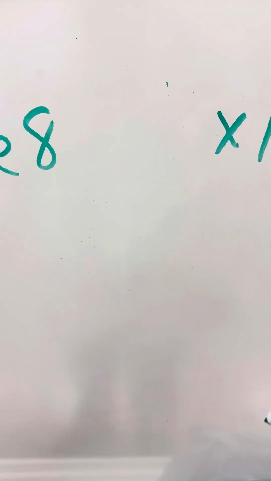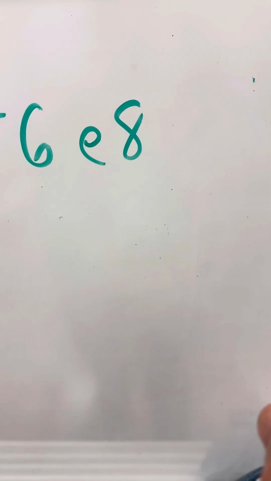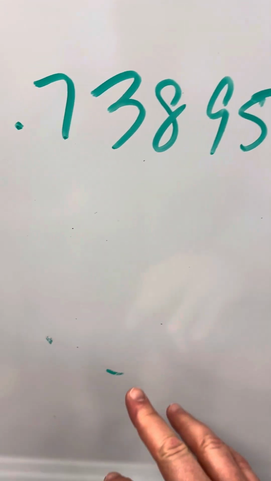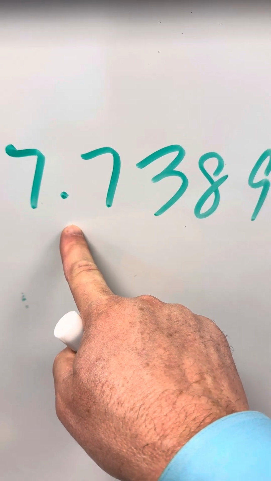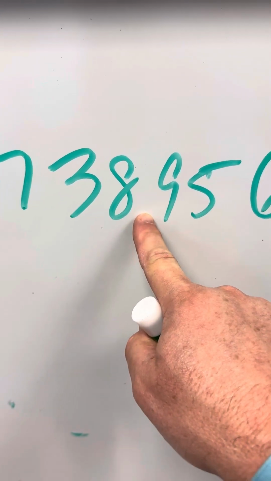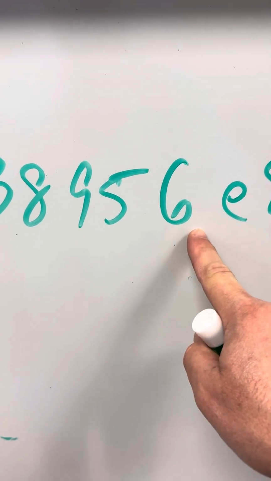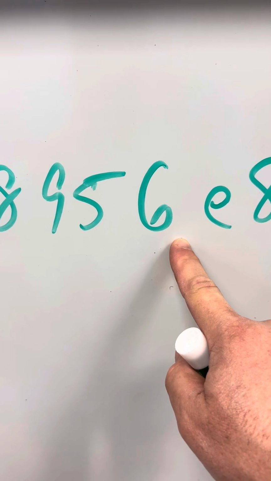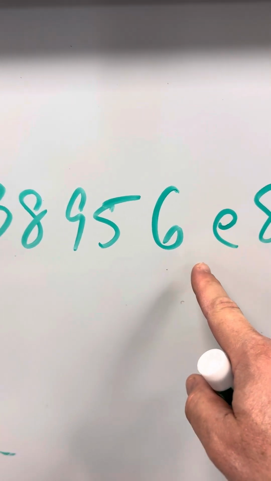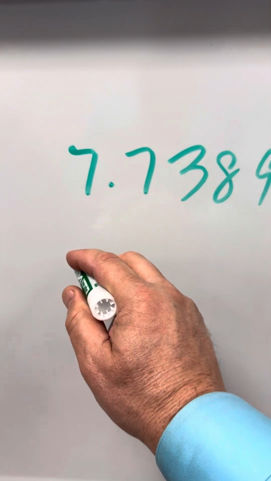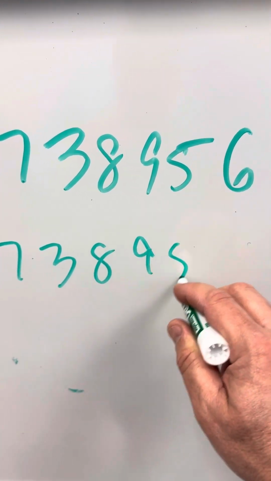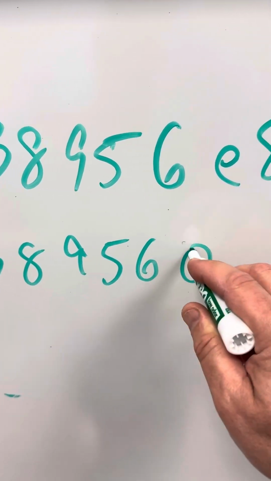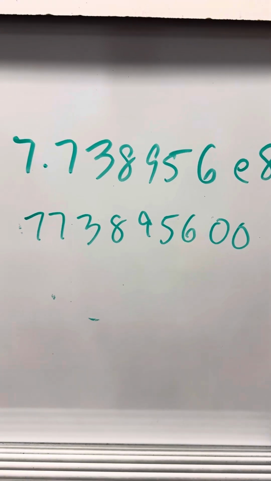So you need basically 8 decimal places. So what you're going to do is move this decimal 8 places. 1, 2, 3, 4, 5, 6, and then 7, 8. You just have to add 2 zeros. So it's going to be 773,895,600, and that will be your answer.